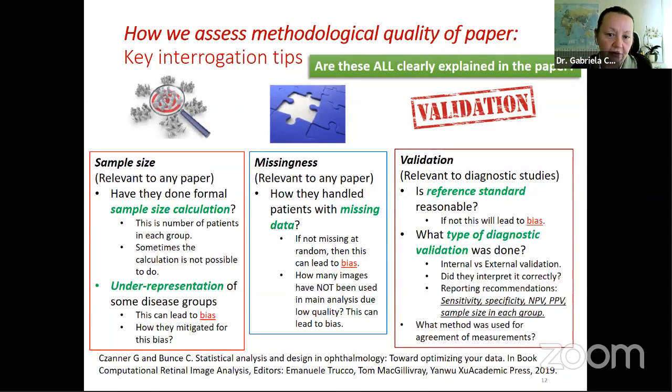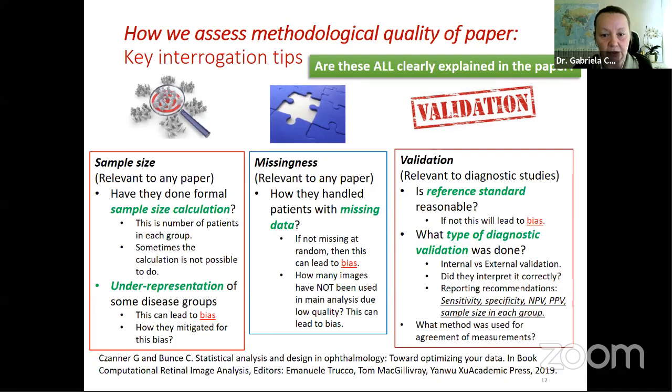Also, what type of validation has been done? Was it internal or external? What are they reporting? Are they only reporting sensitivity? That's not good. They definitely need to also report specificity, but they also need to report values like negative predictive value and positive predictive value. And Ivo, later after me, will be talking about this.